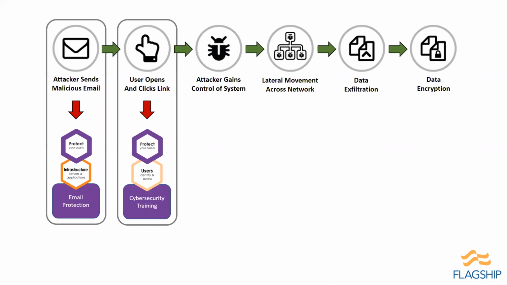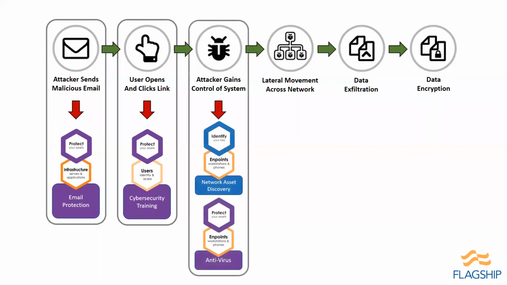The protect function, again, but within the user's track, called for cybersecurity training for all staff. So, if the end user had proper training, maybe they would have known better than to open the unexpected attachment. Again, we're going to presume that did not take place. So this particular machine in this example was not known to the IT staff.